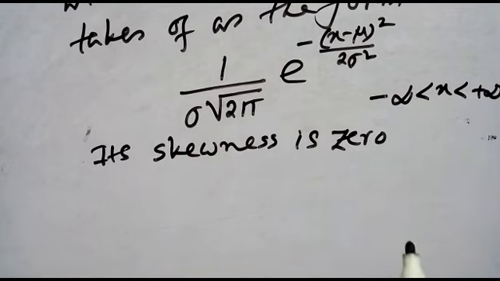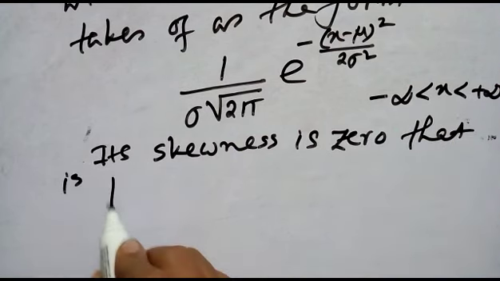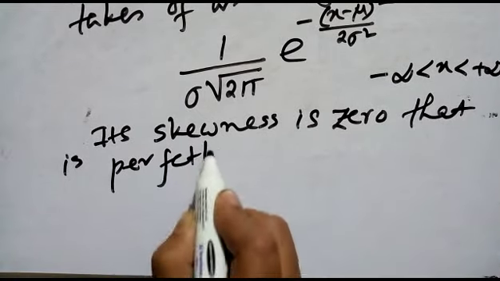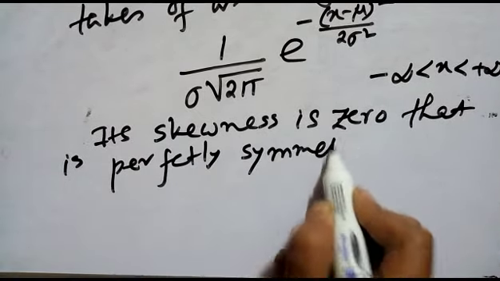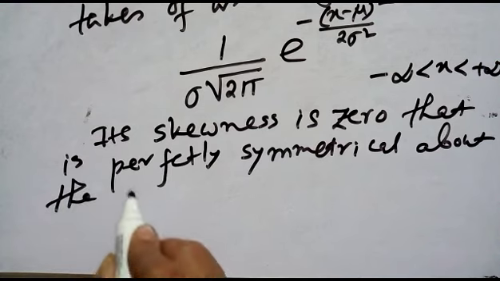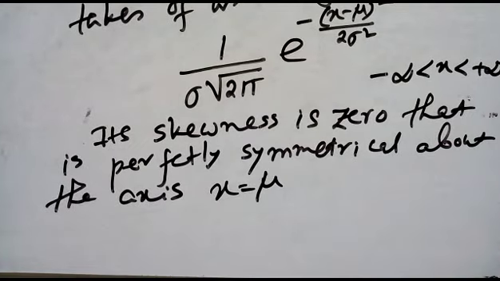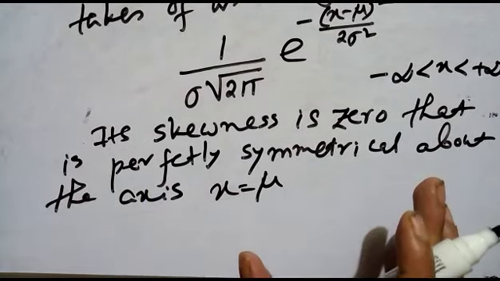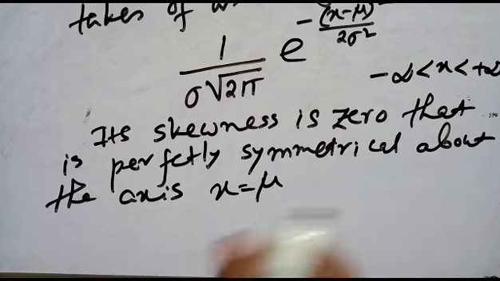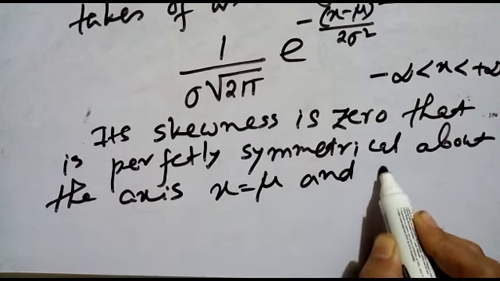Its skewness is 0, that is, it is perfectly symmetrical about the axis x equal to mu.